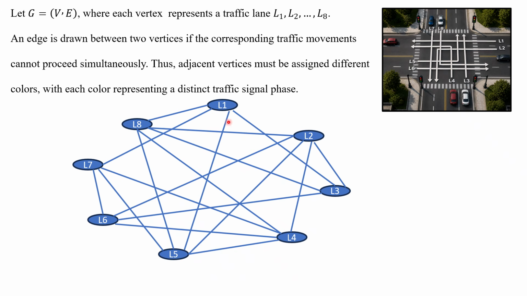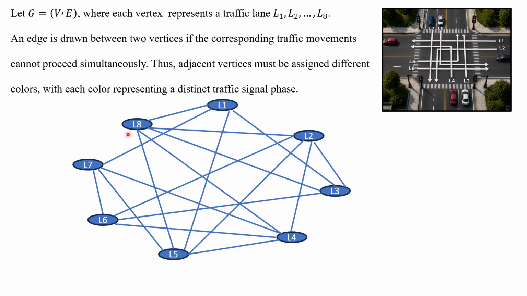So the degrees of the vertices will be: for L1 it is 4, L2 is 5, L3 is 4, L4 is 5, L5 is 5, L6 is 4, L7 is 4, L8 is 5.